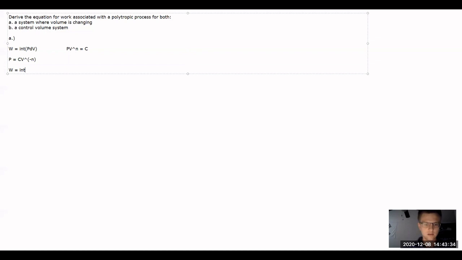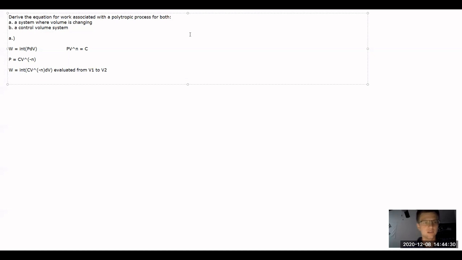We get work is the integral of pressure, which is CV raised to the minus n dV. And then we're going to evaluate this from just standard V1 to V2.